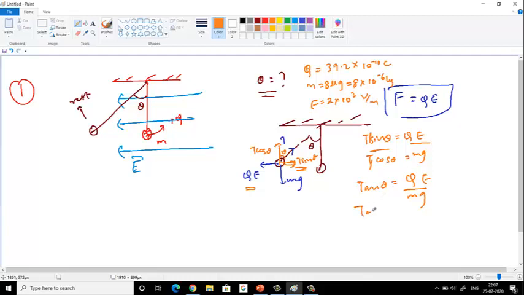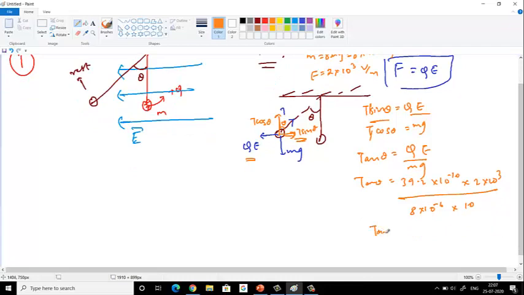Put these values here: tan theta is equal to 39.2 into 10 power minus 10 into 2 into 10 power 3, that is the electric field, divided by the mass, 8 into 10 power minus 6, into the acceleration due to gravity, which you can take as 10.